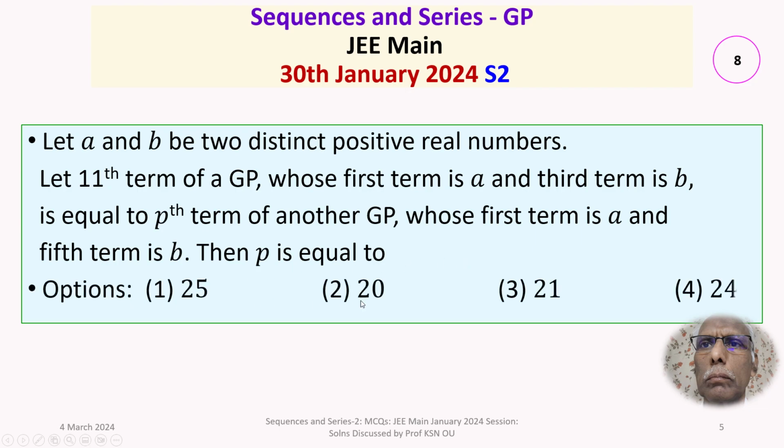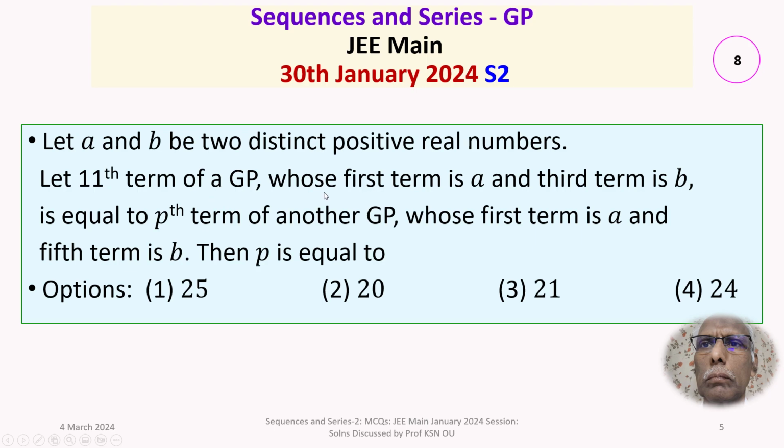We are given 4 options. So we are given 2 distinct positive real numbers, A and B, and there is a first GP, geometric progression. The 11th term of the first GP is equal to the pth term of the second GP.